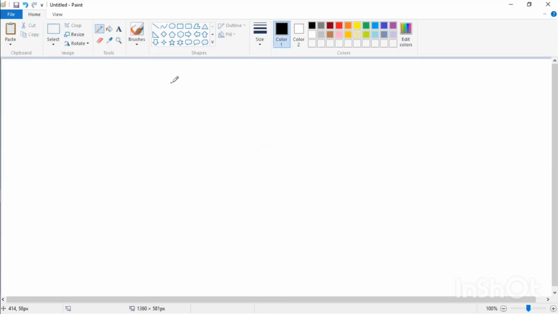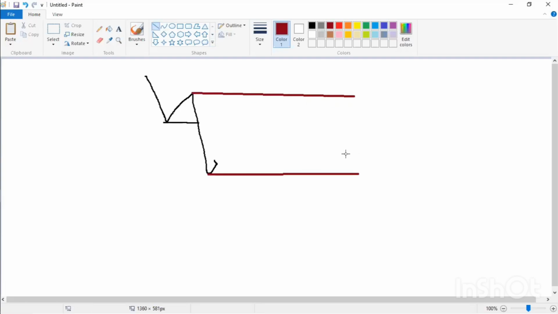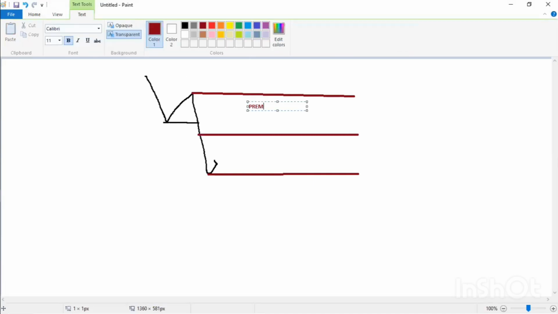Then in a downtrend, lower low, lower high, lower low. This is our BMS. So our range is this high and this low. You take your Fibonacci and put the 50%. So this is premium and this is discount.